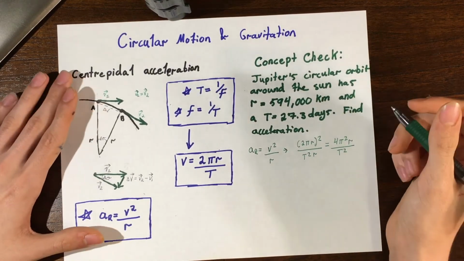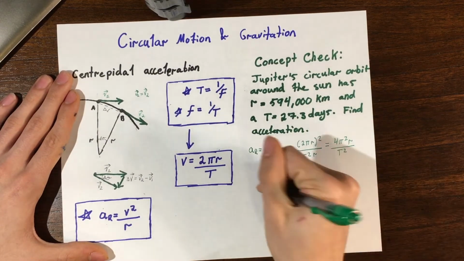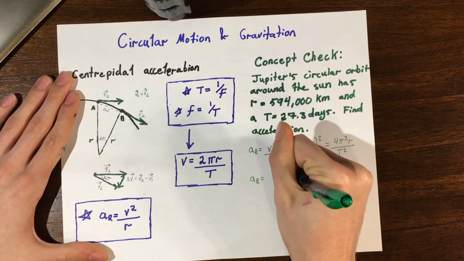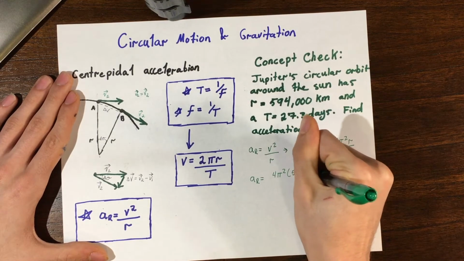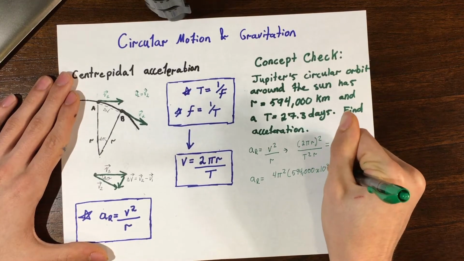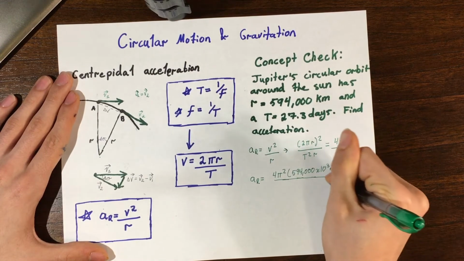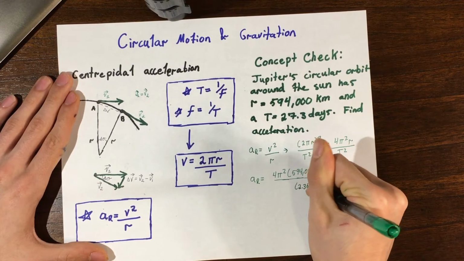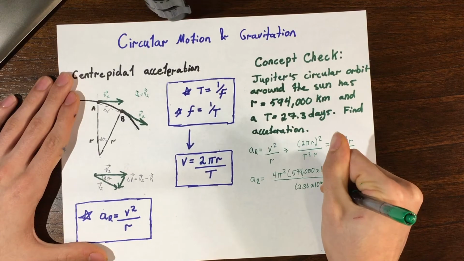So now all we have to do is plug in some values in order to find our centripetal acceleration. The acceleration is equal to 4 pi squared r, which in this case would be 594,000 times 10 to the third meters. Remember, always convert to meters. And our period would turn out to be 2.36 times 10 to the 6th seconds.